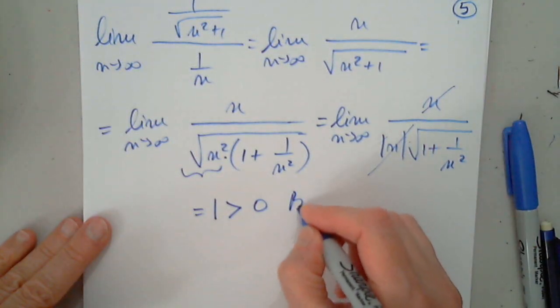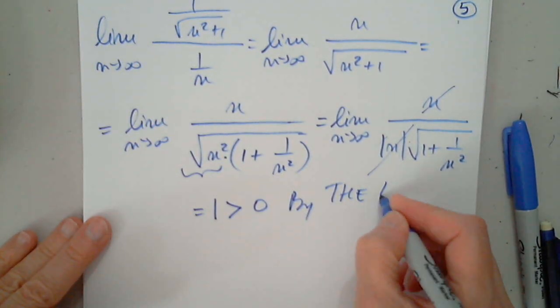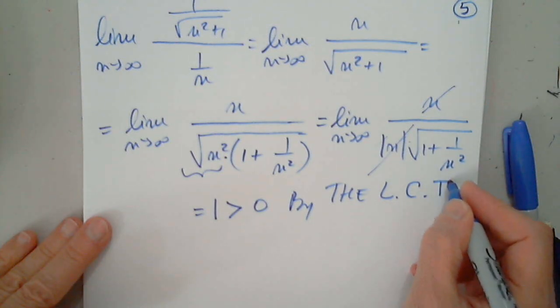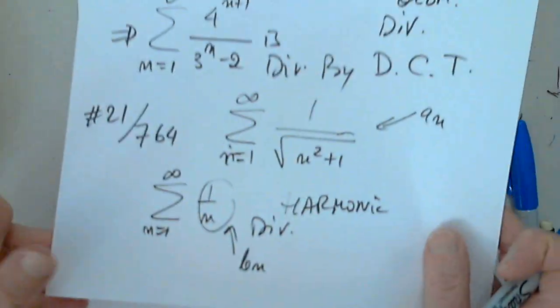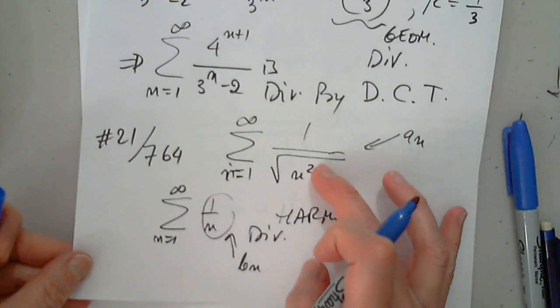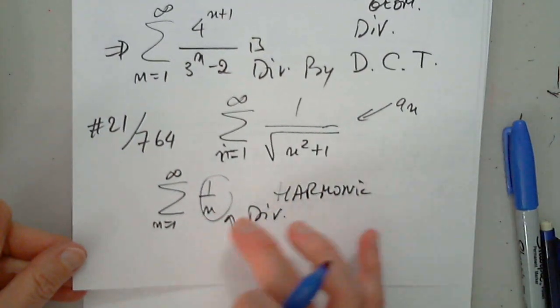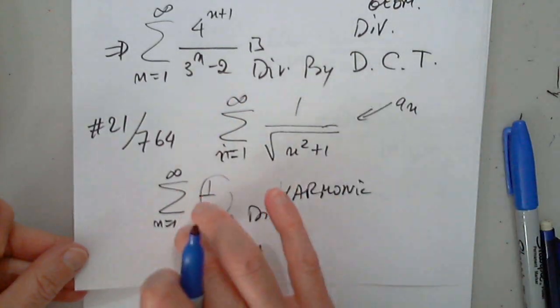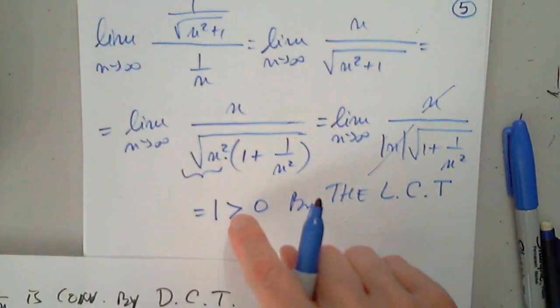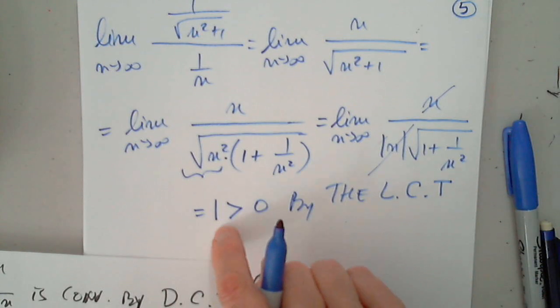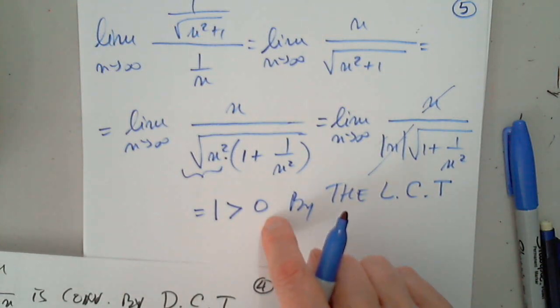Therefore, by the limit comparison test, knowing that the harmonic series is divergent, both of them will be divergent as long as this number exists, is finite, is greater than 0.